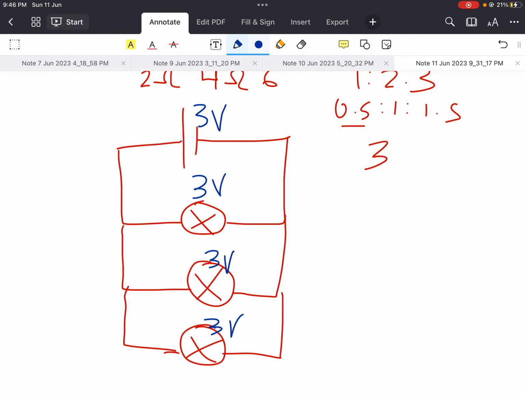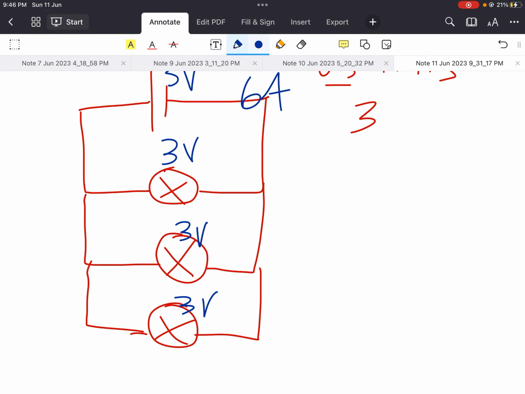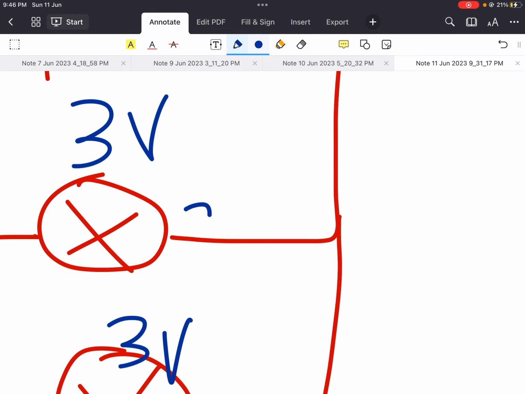So each branch that's in parallel gets the same maximum voltage. Okay, what about current? In this scenario, let's assume that each of these bulbs has the same resistance. If you have 6 amps in the circuit, then through each junction, these are all junctions by the way, there'll be the same amount of current flowing through.